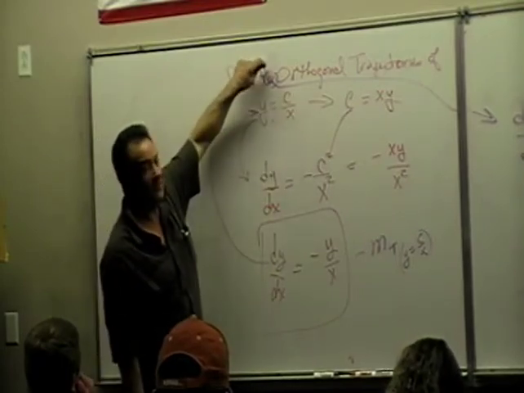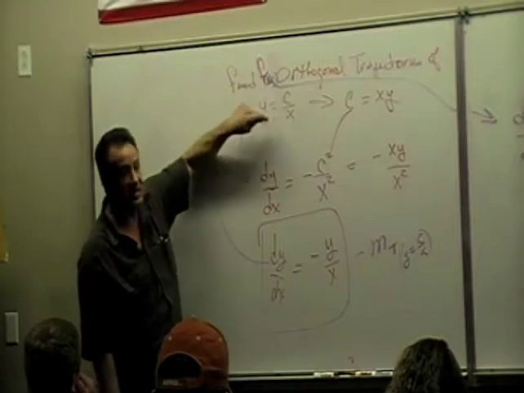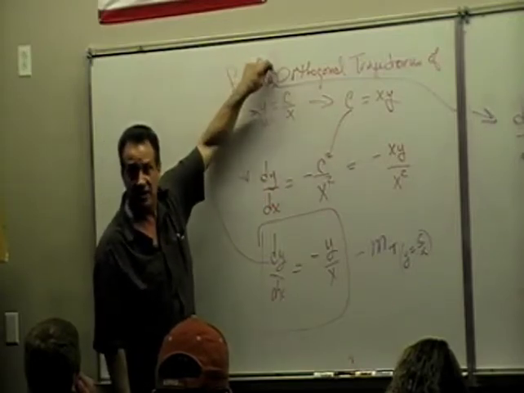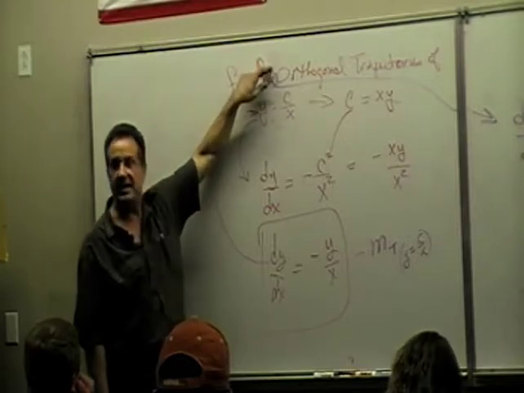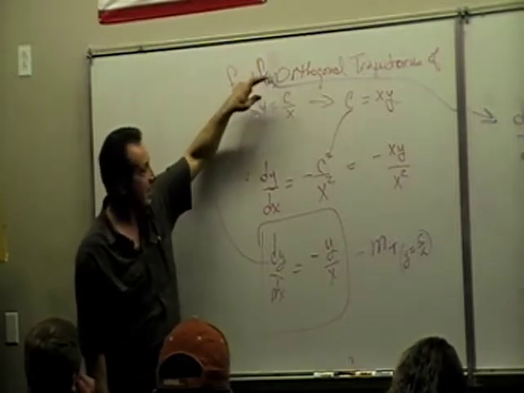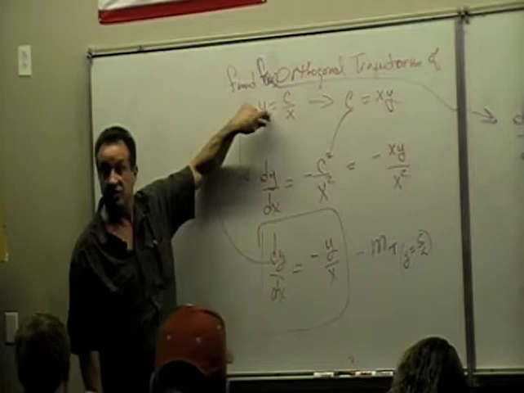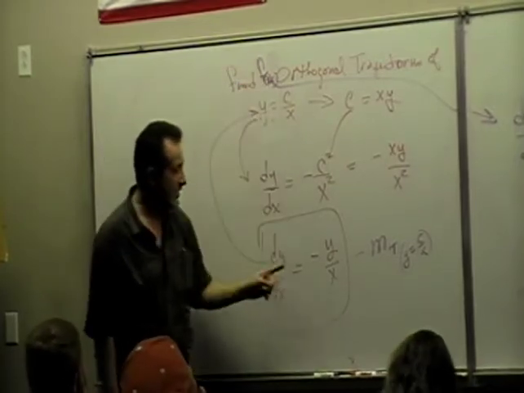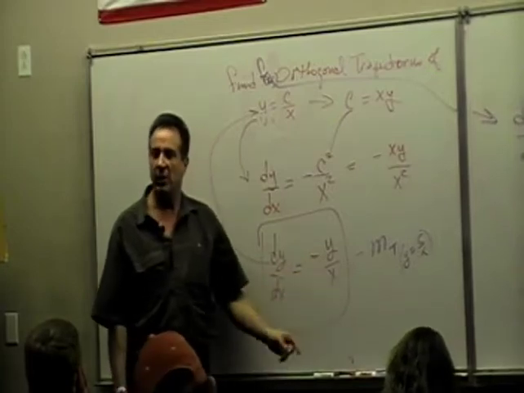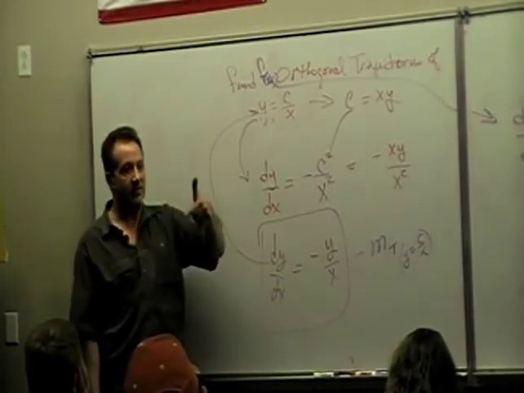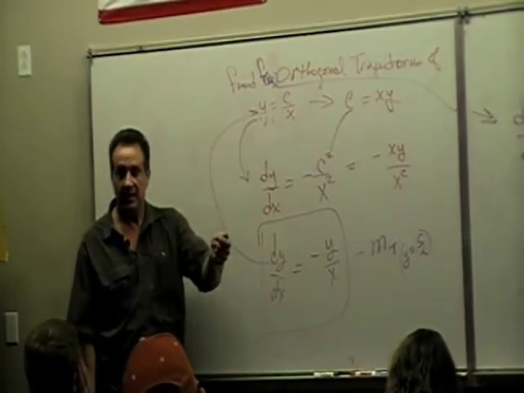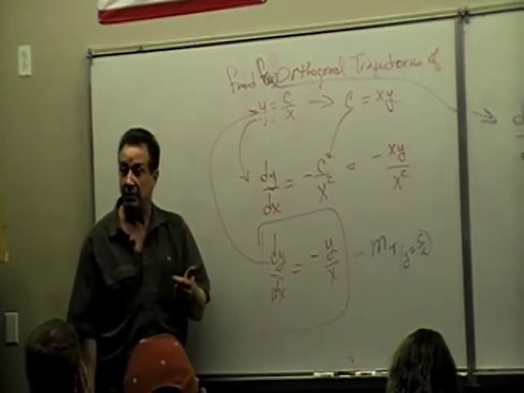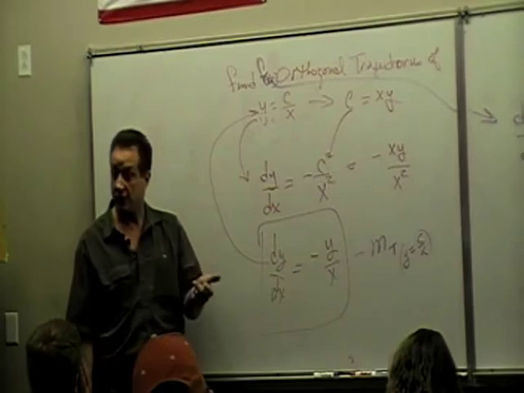Well, I know if I'm trying to find the orthogonal trajectories to this family of curves, the slope of the tangent line of this function must be the negative reciprocal of the slope of the tangent line to this function. The slopes must be negative reciprocals. If this is the slope of this function, which is negative y over x, what's the negative reciprocal? You flip the number and you take the negative of it, right? What's the negative reciprocal of 1/2? -2.